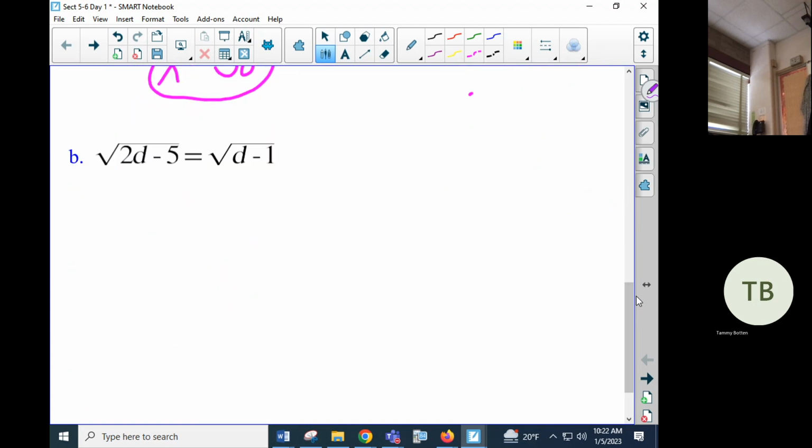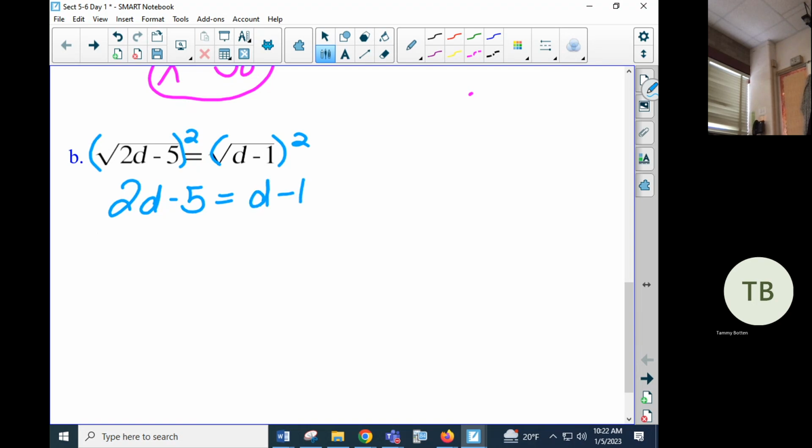So this one here already has the square roots isolated on both sides. And so what you can do here to get rid of that is just take both sides to the second power. And when you do that, a square root squared cancels, and you would just have 2d minus 5. And then here, the square root squared cancels, and you would have d minus 1.